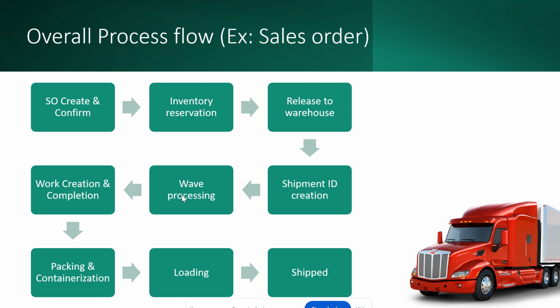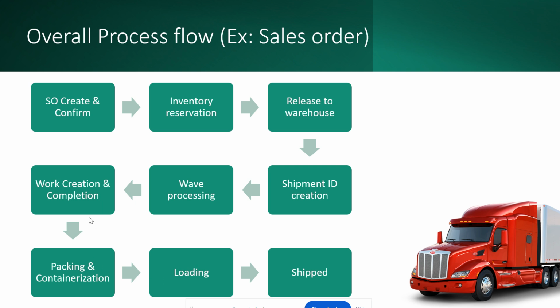Then once the wave processing happens, based on the wave processing, the work will be created, the pick and put operations, those work types will be created, and once those work types are completed, then the packing or containerization happens. But we didn't deep dive into the packing and containerization. Probably we'll take this up in episode number 16 or 17, right?